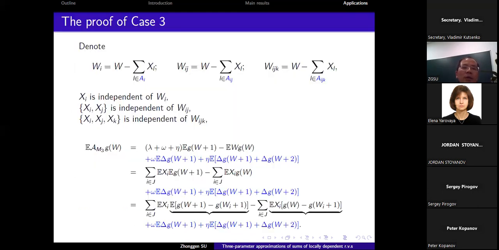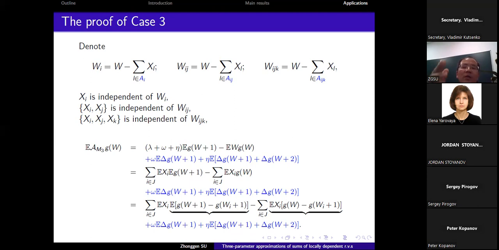Now, I just want to give the proof of case 3. The other two cases are similar. For the proof, we define W_i, the sum of random variables outside A_i.